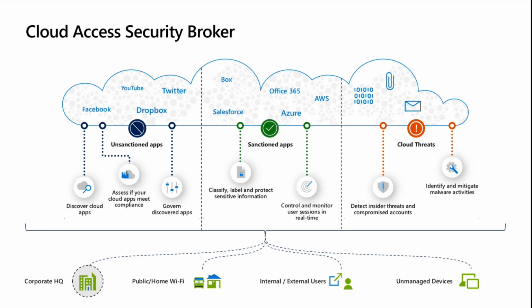But if we allow data to be copied from Word on your iPhone to TikTok or to Snapchat or to any other unmanaged and unsanctioned applications, I just took their names, nothing specific against those applications, then we have an easy way for data leakage, right? So CASBs also step up in those aspects and help us prevent scenarios where sensitive data might be exfiltrated to unsanctioned cloud applications. So that is what you see on the screen, the traditional CASB protection umbrella, right?